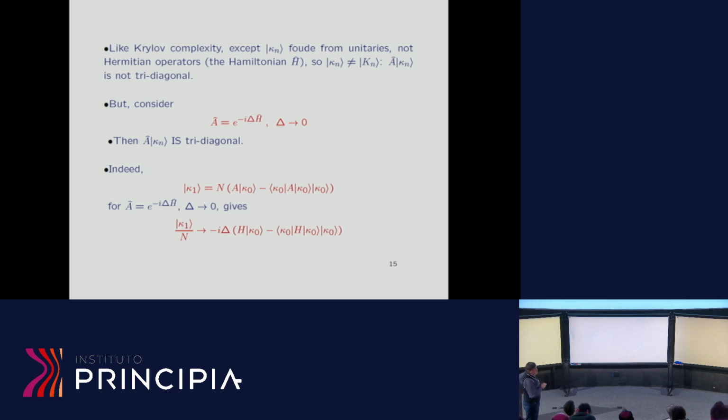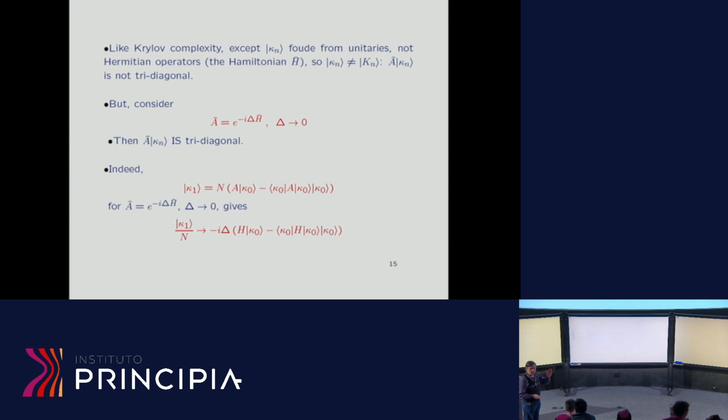However, there's a way to relate the two, which is to take our unitary gate A to be e to the minus i delta H, and take delta to 0. Okay, so this is a unitary, but if I take delta to 0, this is 1 plus Hermitian, right?